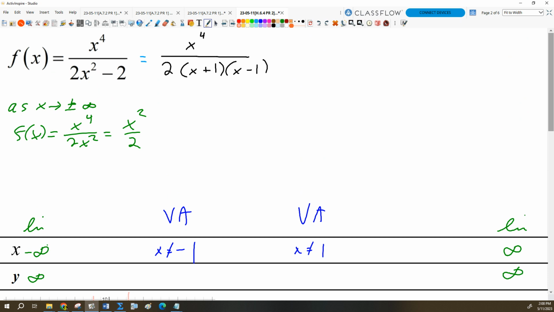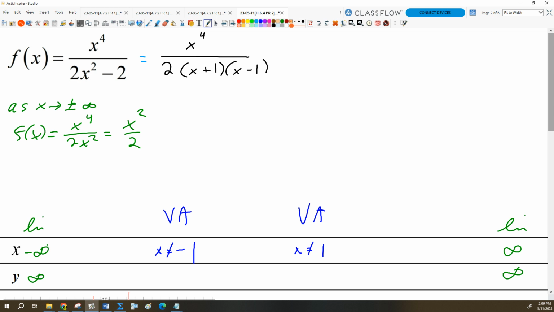What would it be? Yeah, right. It's going to be at x equals 0. Why? Because x equals 0 is a zero of the top but not the bottom. If I plug 0 in for x, I'm going to get 0 divided by 2 times 1 times negative 1. 0 divided by a number is 0.